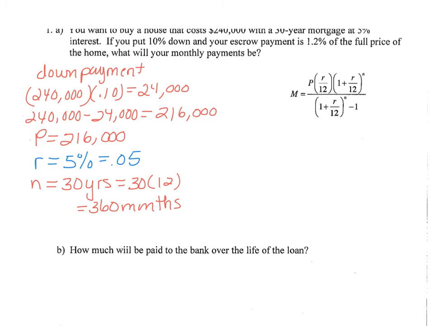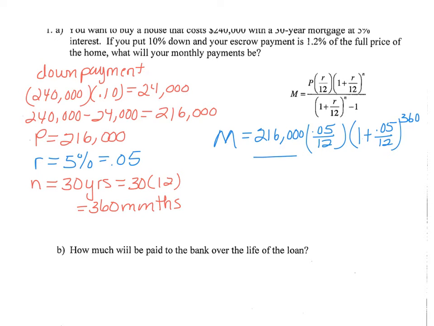Okay, now that I have everything there, I'm going to be able to fill in my formula. So here we go. M equals, my P is 216,000 times 0.05 divided by 12 times 1 plus 0.05 divided by 12 raised to the 360th power.